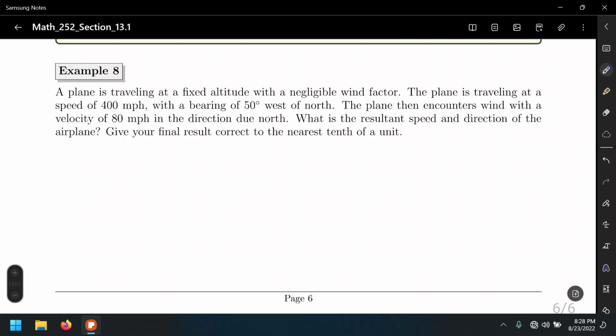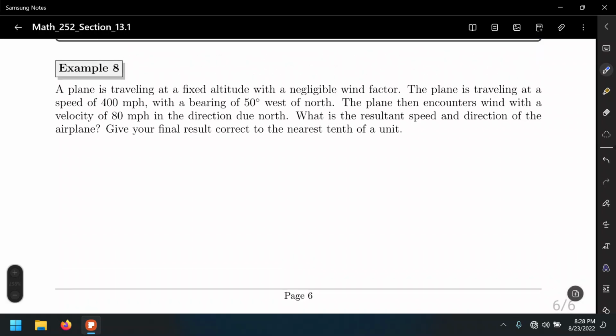So we have a plane traveling at a fixed altitude with negligible wind factor. Otherwise, we would be dealing with a really big problem here. The plane is traveling at a speed of 400 miles per hour with a bearing of 50 degrees west of north.